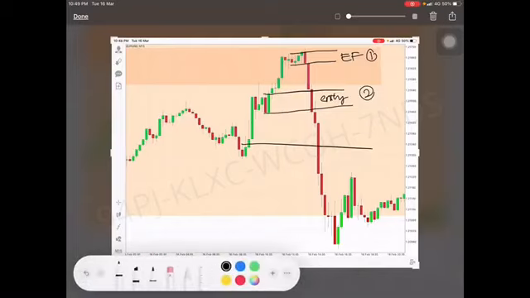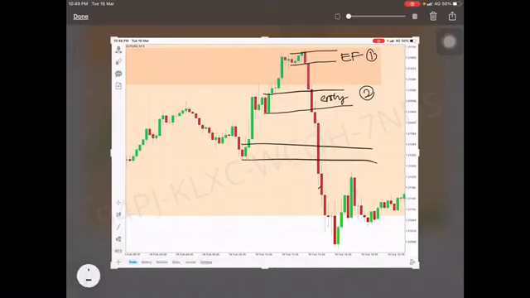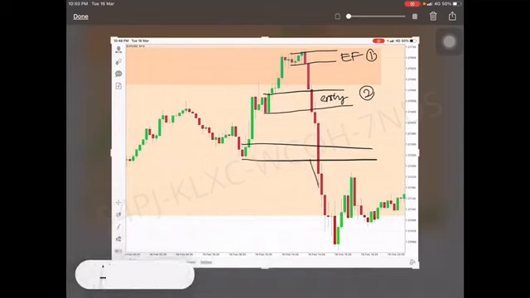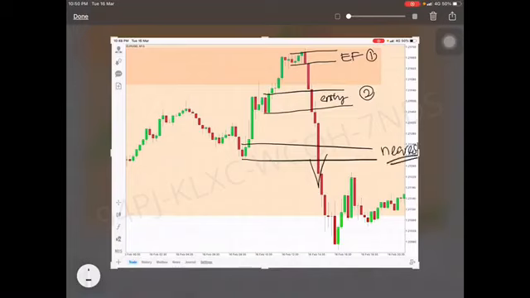It's going to come back to that zone, because this is the nearest one. Is it clear to you? Do you have any questions to ask?